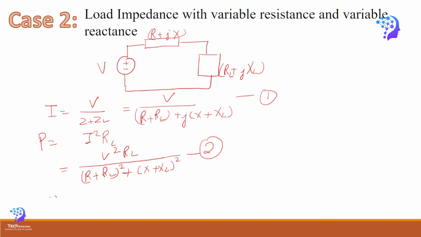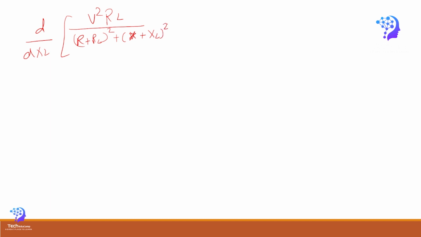So we want the maximum power. So dP upon dXL, we will first differentiate with respect to XL equal to 0, and by doing this we will be getting V square RL upon (R plus RL) square plus (X plus XL) square equal to 0.